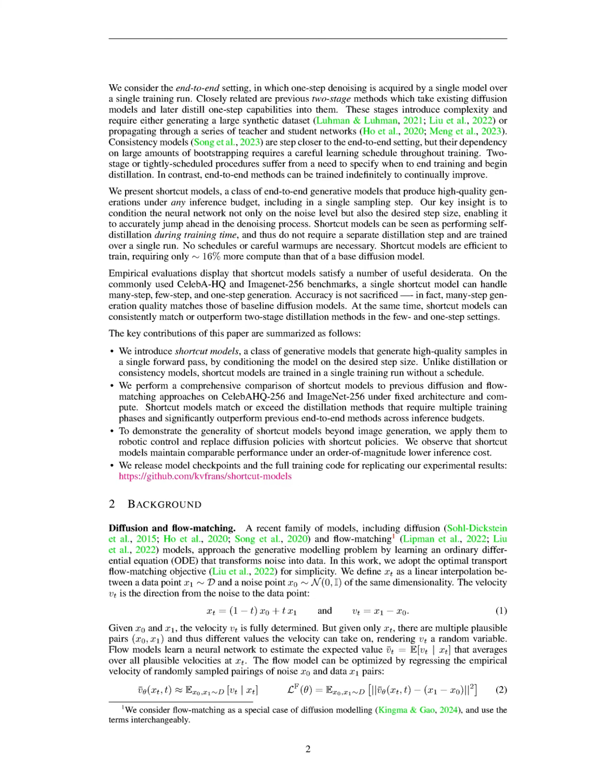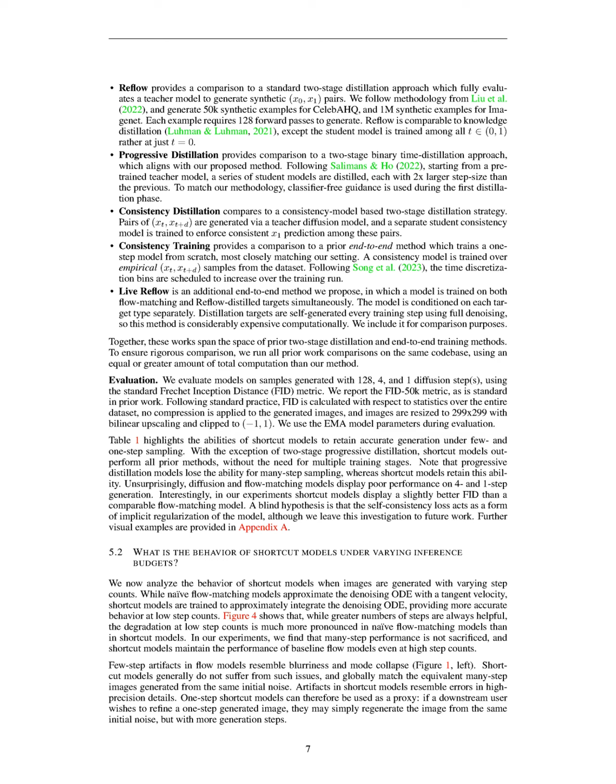This dual conditioning allows shortcut models to maintain high generation quality across various sampling budgets, outperforming traditional methods that require multiple training phases or iterative steps. Overall, the conditioning on the desired step size significantly enhances the model's ability to generate accurate outputs, even at low step counts, while avoiding common artifacts associated with naive flow matching approaches.